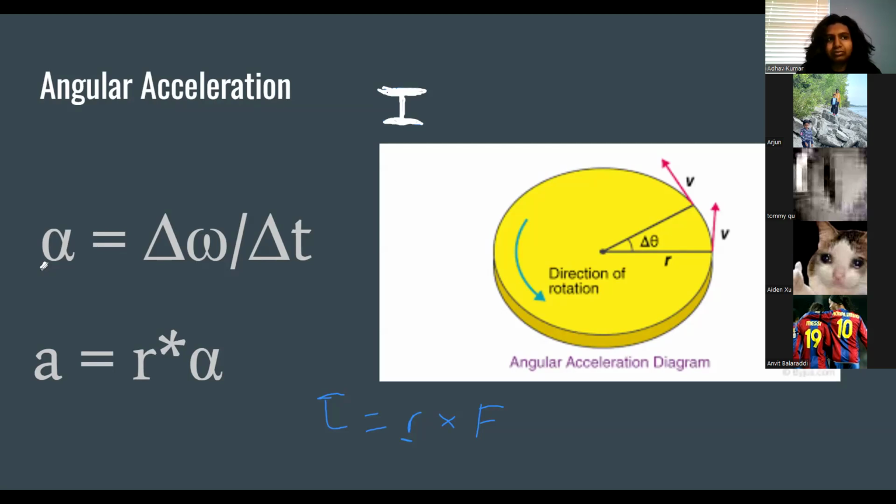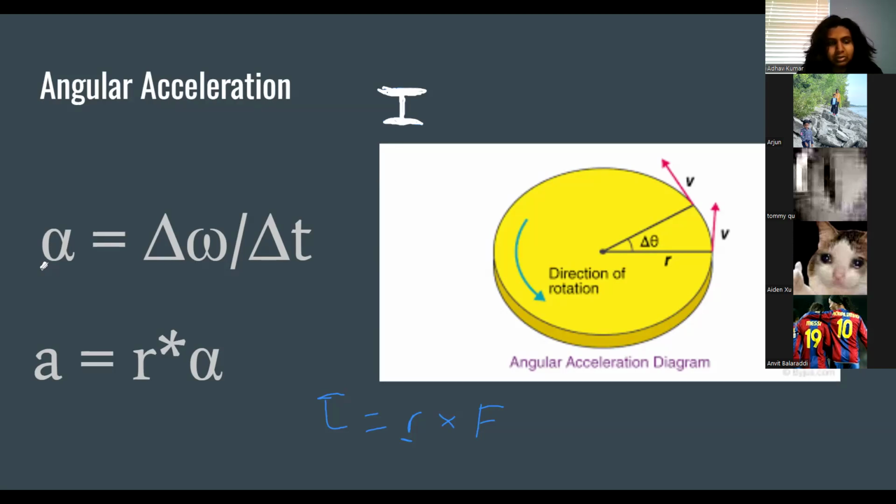So mass is a resistance to acceleration, right? And so if mass is a resistance to acceleration, moment of inertia or rotational inertia is a resistance to angular acceleration.